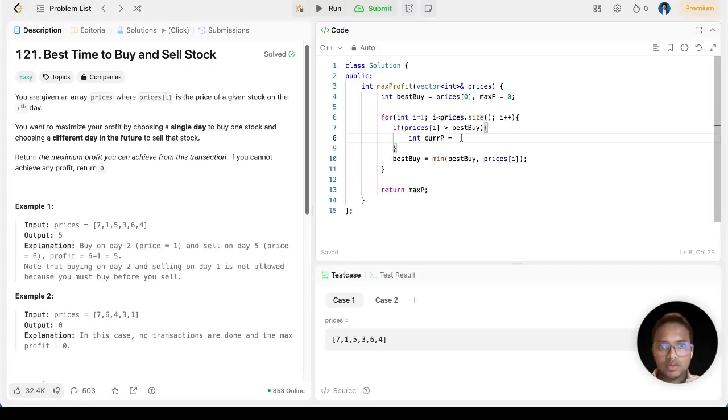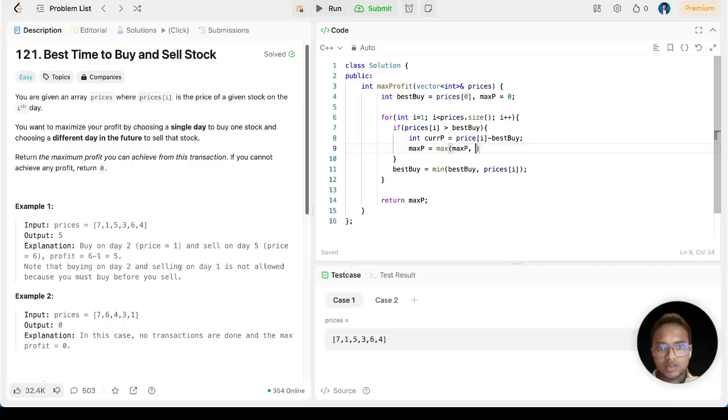So current profit will be prices[i] minus best buy, and then you find your maximum profit. So your max profit will be the max of max profit and current profit, and at the end of the code we return the max profit.